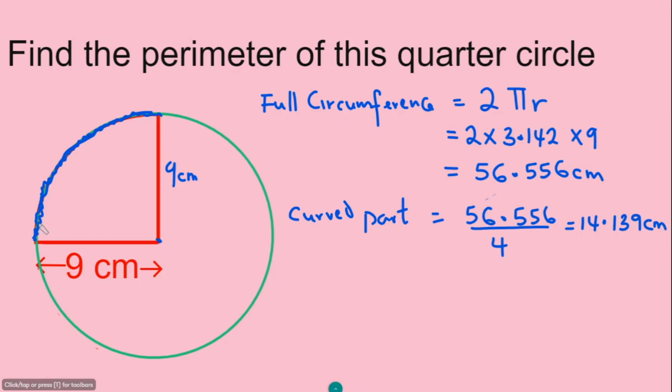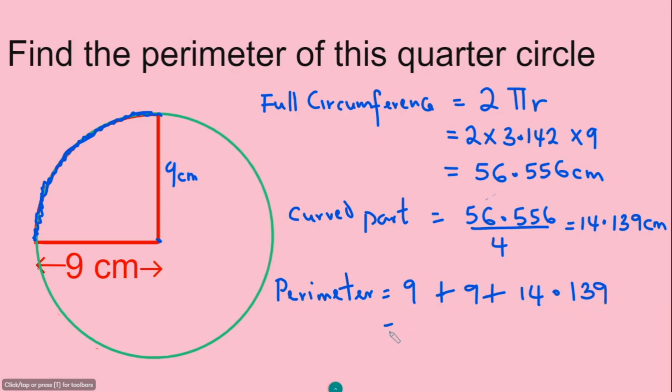Now to find the perimeter of the quarter circle, the curved part plus the radii will give you that value. So the perimeter of the quarter circle is going to be this radius here, 9, plus this radius here, 9, plus this curved part here, which is 14.139.